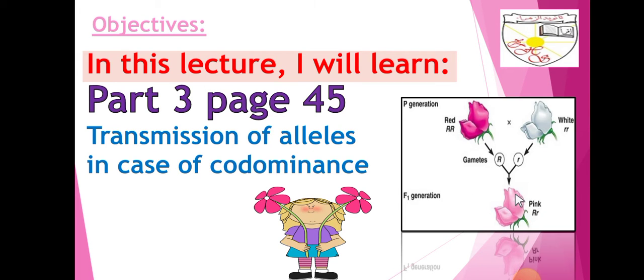The pink flower takes the R allele from the red flower and the r allele, the white allele, from the white flower, and gives a new phenotype, which is pink. So pink is R capital, R small. R capital is related to the red and R small is related to the white. The white is homozygous, the red is homozygous, and they give in the F1 generation a pink flower.